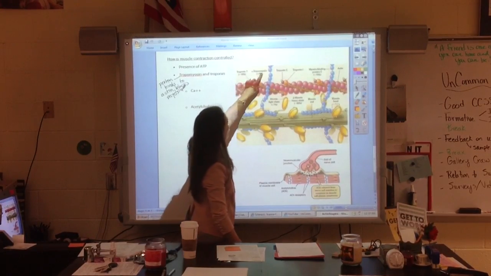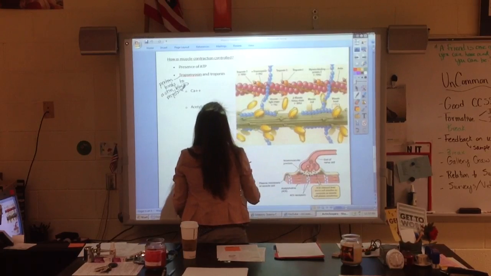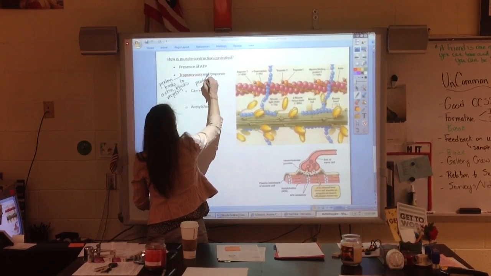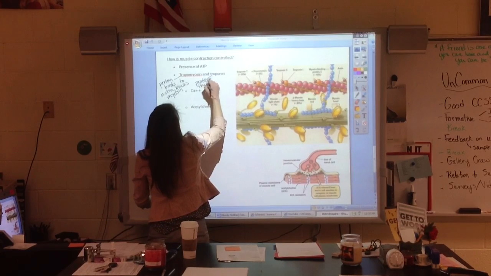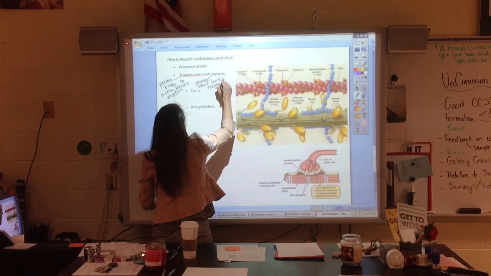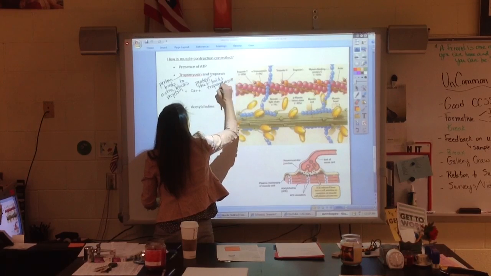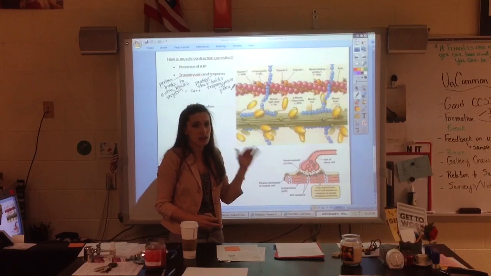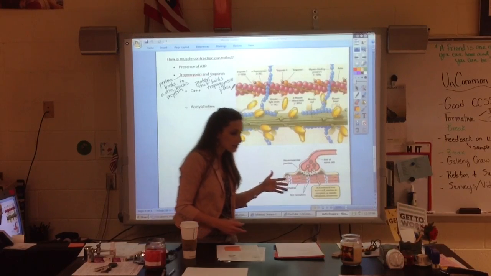And so that's what tropomyosin does. Troponin is another protein that holds tropomyosin in place. So basically you're blocking myosin from binding to actin.